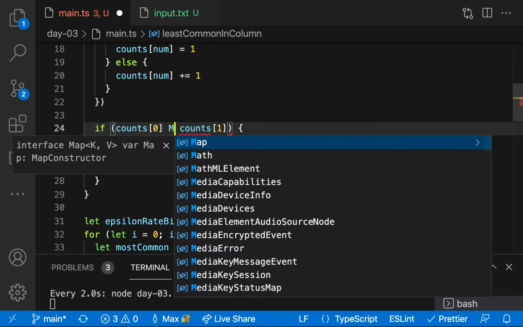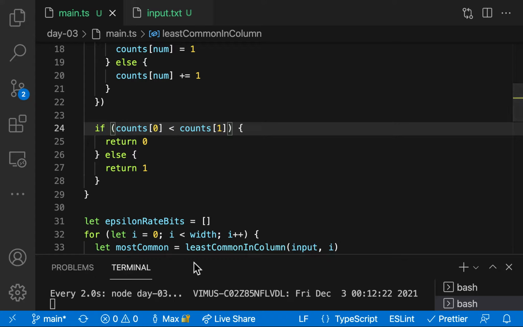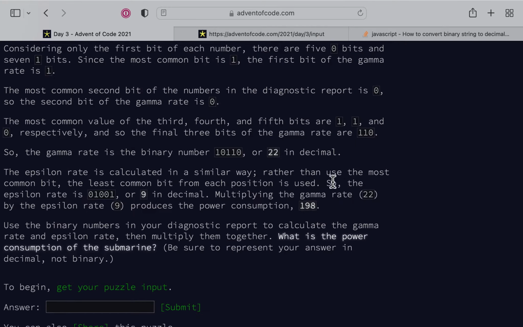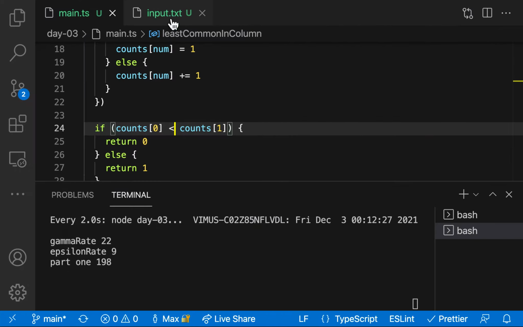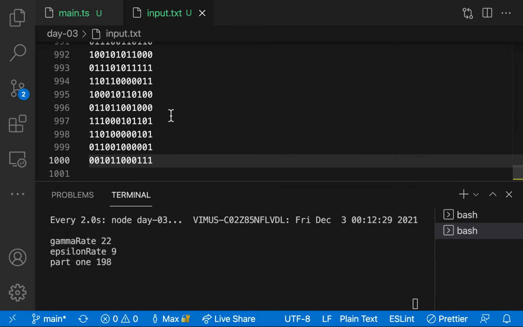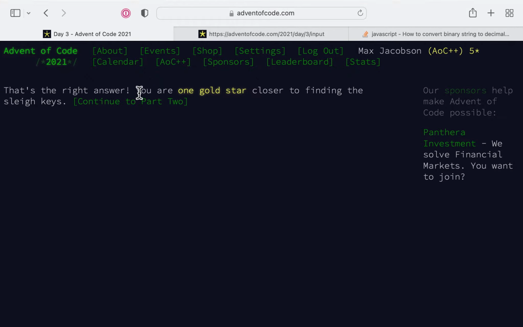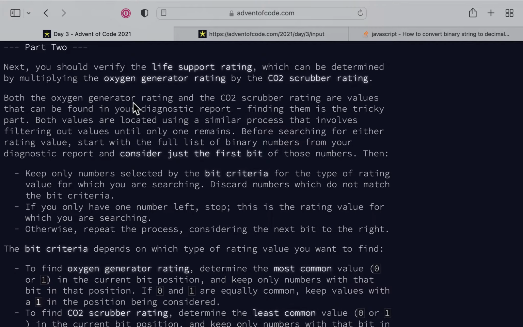I guess I'll just swap that. All right, so here we get 198, which is the correct answer. So let's just plop in this input to hopefully get the right answer. Yeah, okay, great. Part 2.